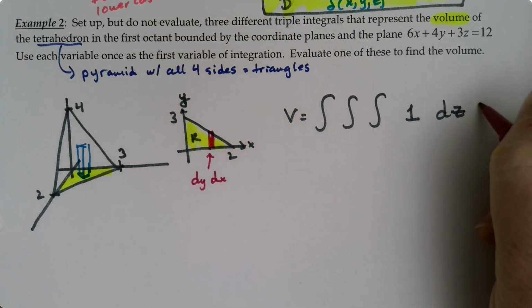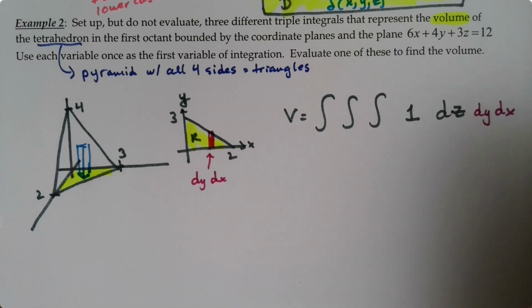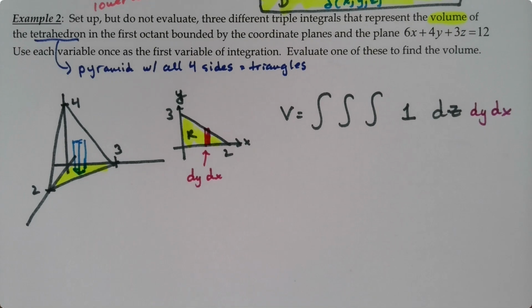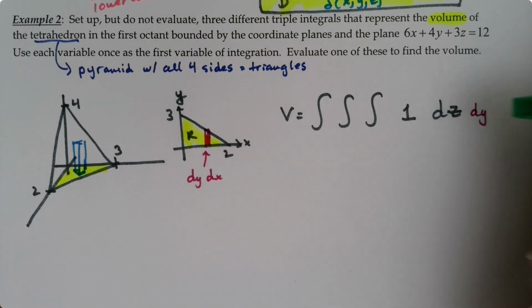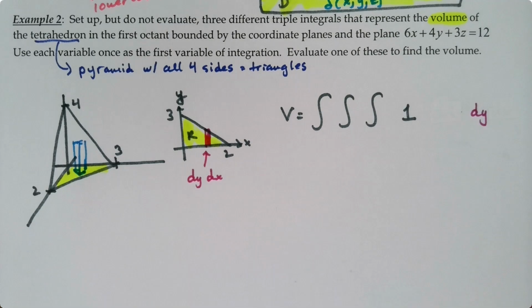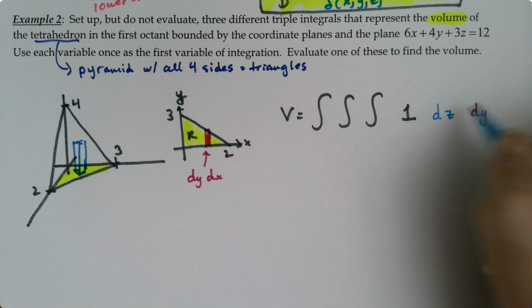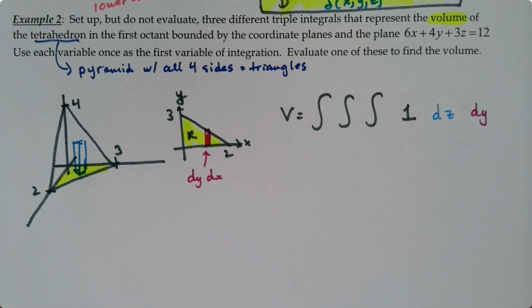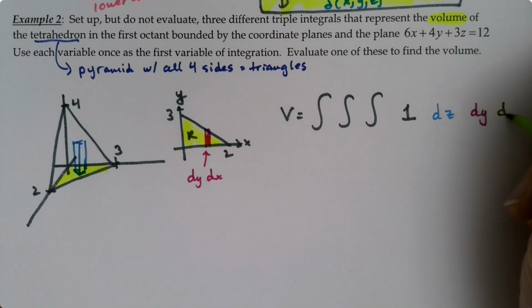Okay, so dy dx goes there. Actually, I'm going to do these in all different colors. So let me put the z's in blue here. dz right here, dy, and then dx I'll do it green.